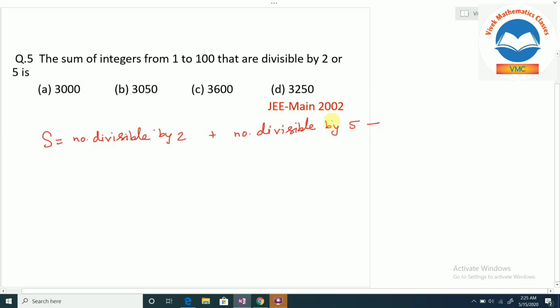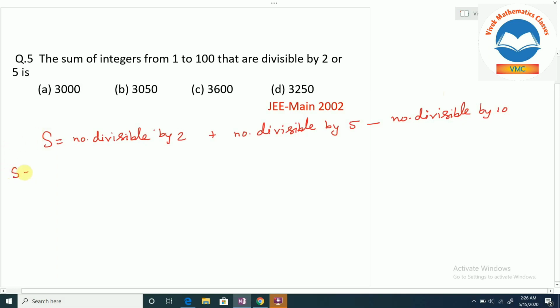But in this, the numbers which are multiples of 10 will be counted twice, so you have to subtract the numbers divisible by 10.